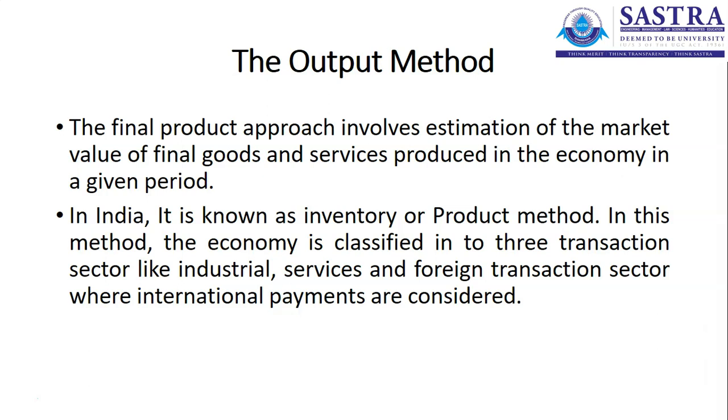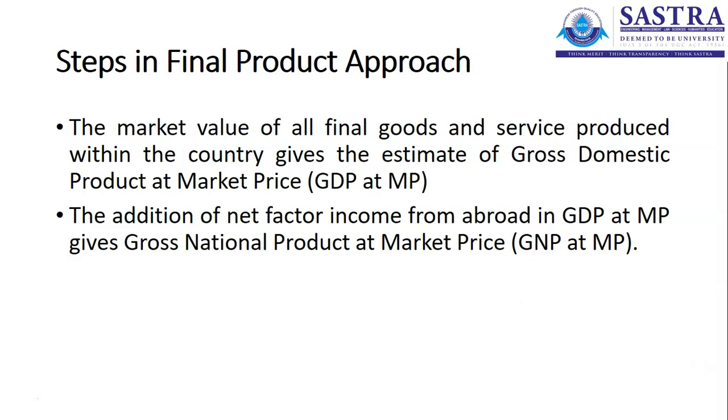This particular method we call the output method. So how do we arrive at this output method? There are steps involved in the final product approach. First, we need to calculate the market value of all goods and services produced within a country for a given period of time, and it estimates the gross domestic product at the market price.